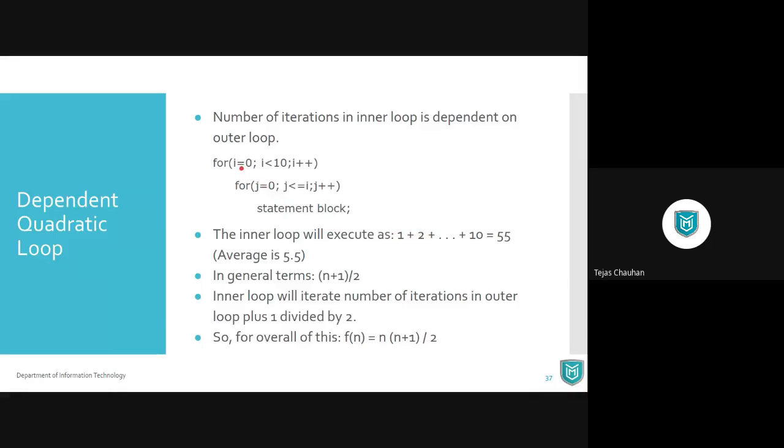Then when your i becomes 2, then j equals 0 to 2, 3 times. So 3 times your loop will be executed, and so on up to 10 times. So the total is 55 times this statement is going to be executed for this example. For this given example, this statement block will be executed 55 times.